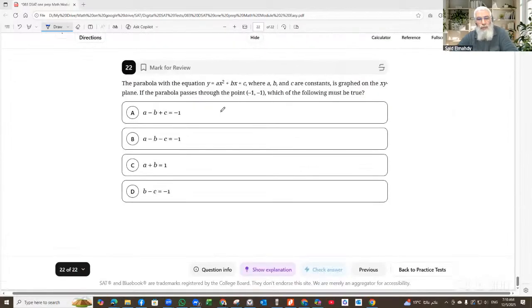The parabola with the equation y equals ax squared plus bx plus c, where a, b, and c are constants, is graphed in the xy-plane. If the parabola passes through the point negative 1, negative 1, which of the following must be true?